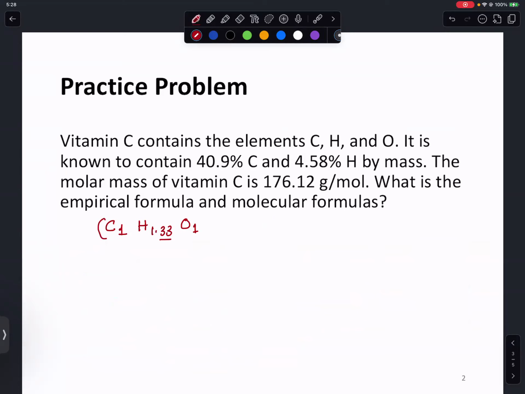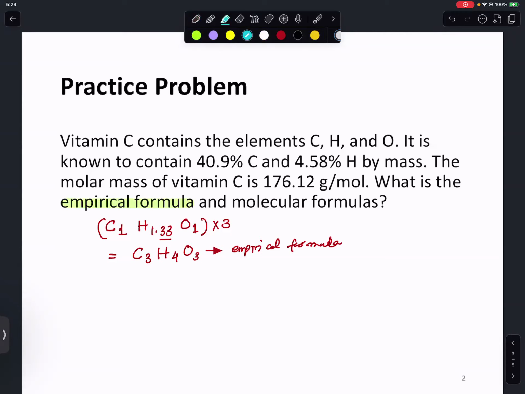I will have to multiply by 3, and this right here gives me C3H4O3. So this becomes here the empirical formula. Now, I have determined the first portion of the question, the empirical formula.